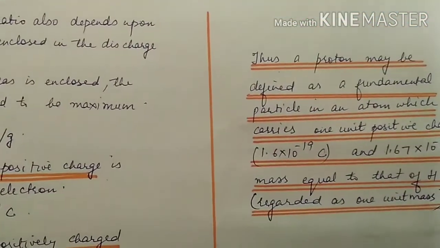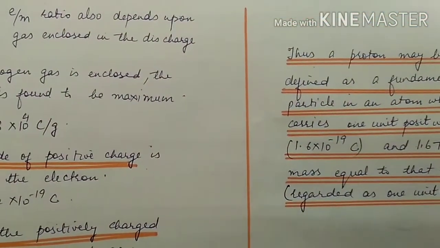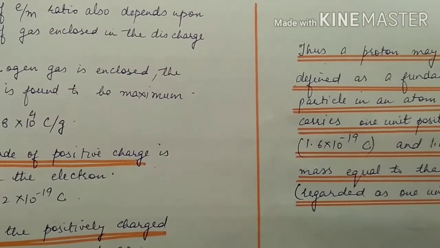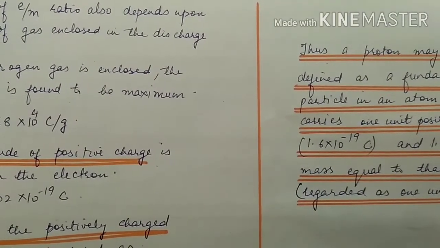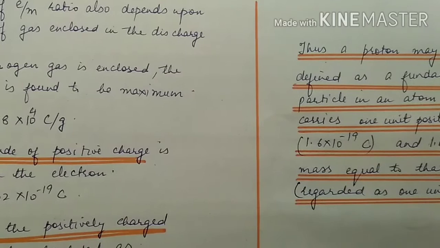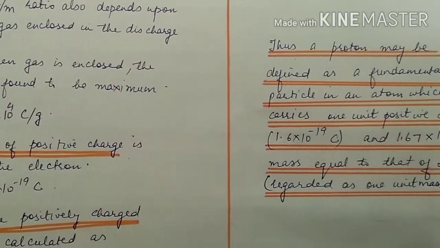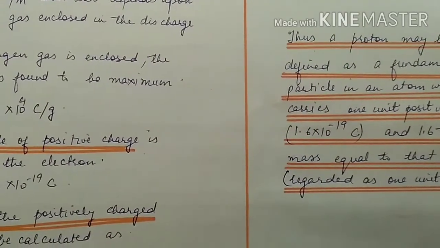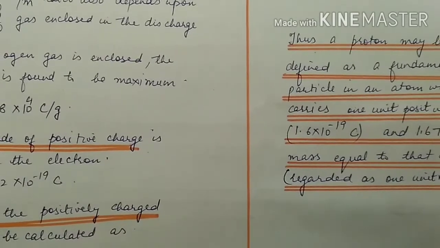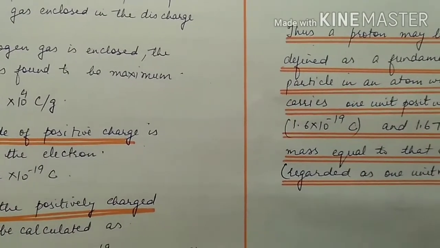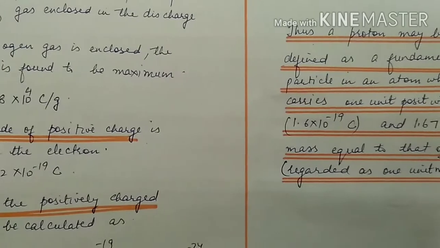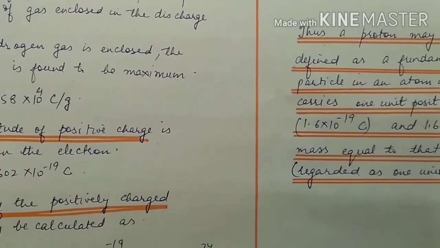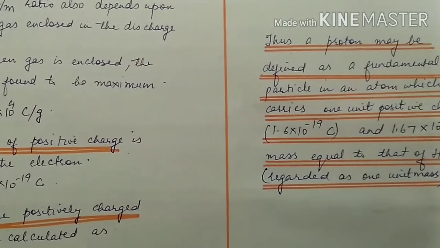What Goldstein found out was positively charged residual atoms left from the gas filled in the discharge tube after electrons were knocked out from them. But it was Ernest Rutherford who could ascertain that each residual atom consists of a number of positively charged particles. So if you are asked who discovered the proton, it is Ernest Rutherford.